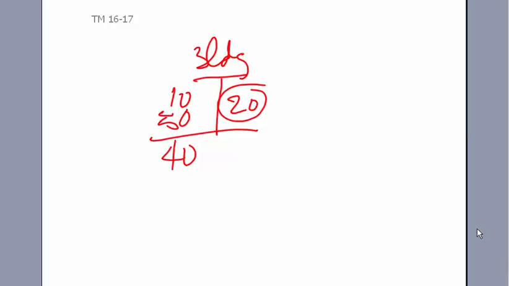So you want to look for what's implied but not explicitly stated.